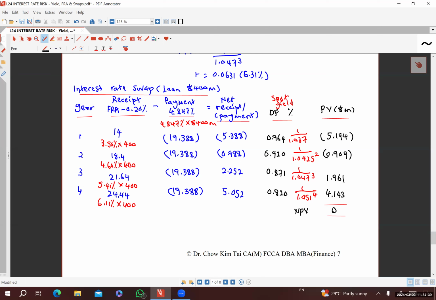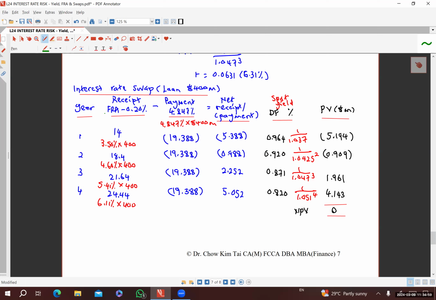But in the future, it may not be the same. It depends on how the interest rate moves, because what you receive is based on floating rate. Port pays fixed rate, so this payment won't change. But what Port receives is based on this floating rate.